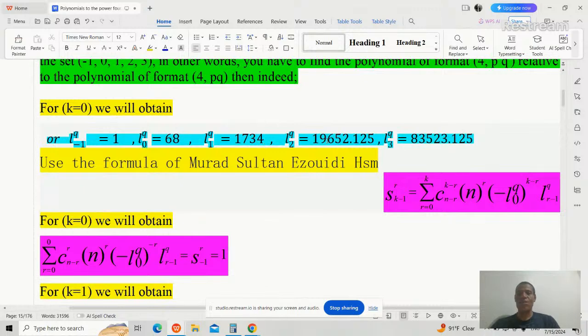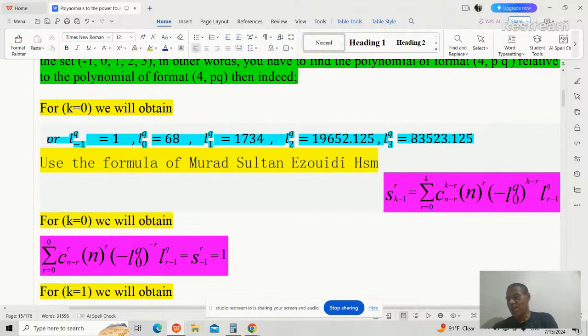And L2 of Q is 19,652.125. And L3 of Q is 83,523.125. You are going to use all of these coefficients of the original polynomial that you started with.